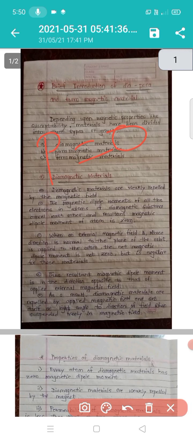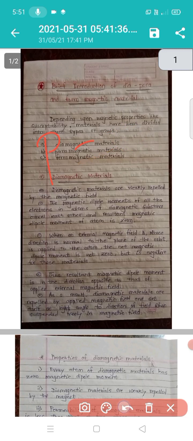Thus the resultant magnetic dipole moment is in the direction opposite to that of the applied external magnetic field. As a result, diamagnetic materials are repelled by the applied magnetic field and set themselves at right angles to the direction of the field when suspended freely in the magnetic field.